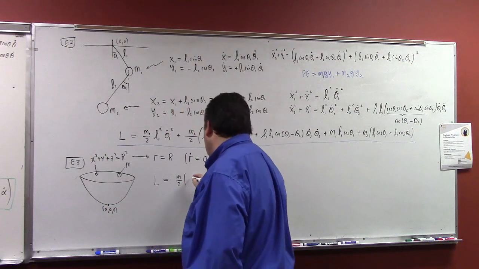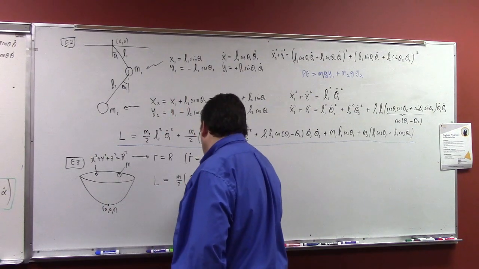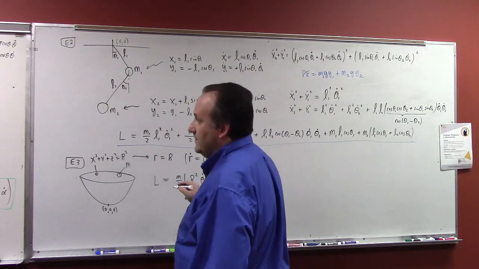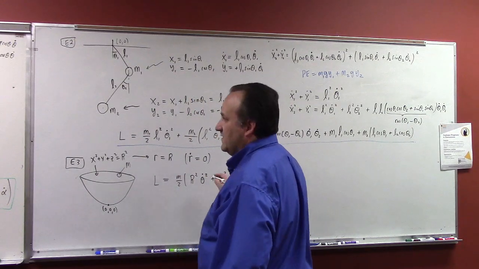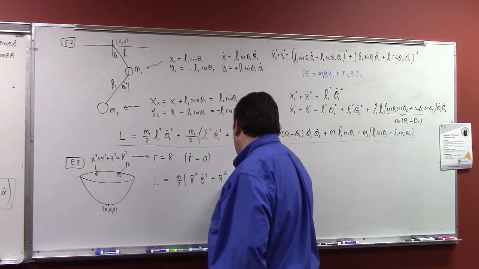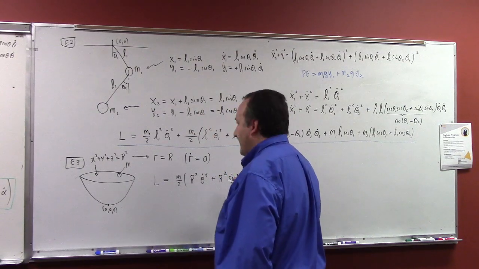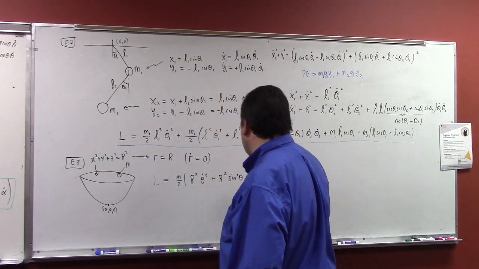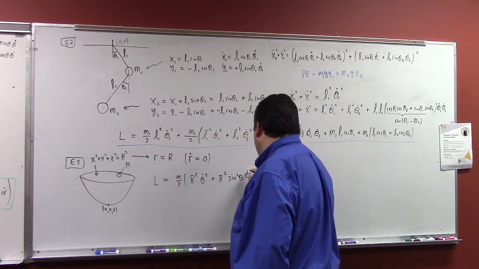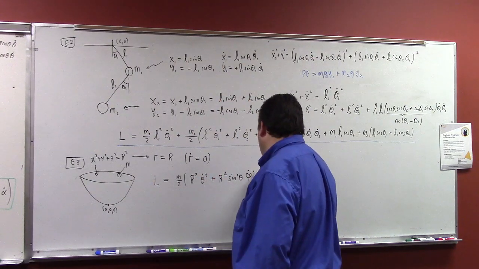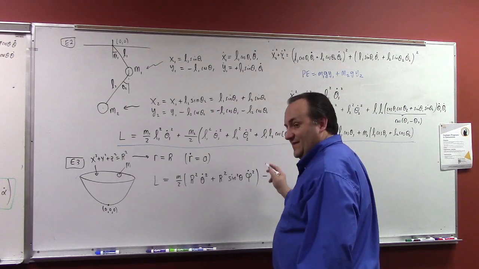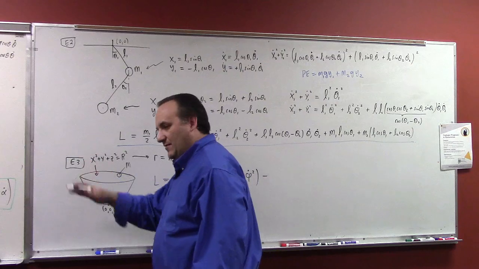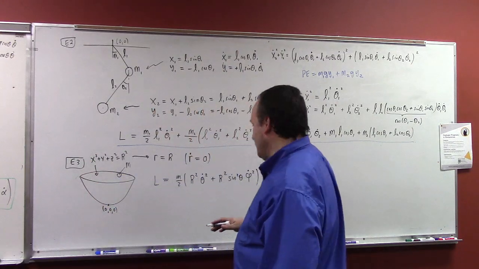So I've got r squared theta dot squared, plus r squared sine squared theta phi dot squared. So not moving down because of gravity either. This is the kinetic energy. It's going around the bowl, all different which ways.